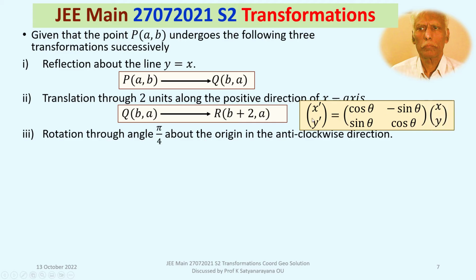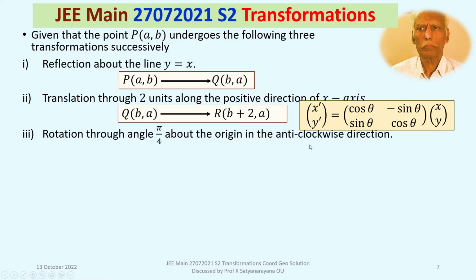We now recall the just now derived formula, that is, the old coordinates (x, y) of the point P on rotation by an angle theta in the anti-clockwise direction about the origin become (x', y').